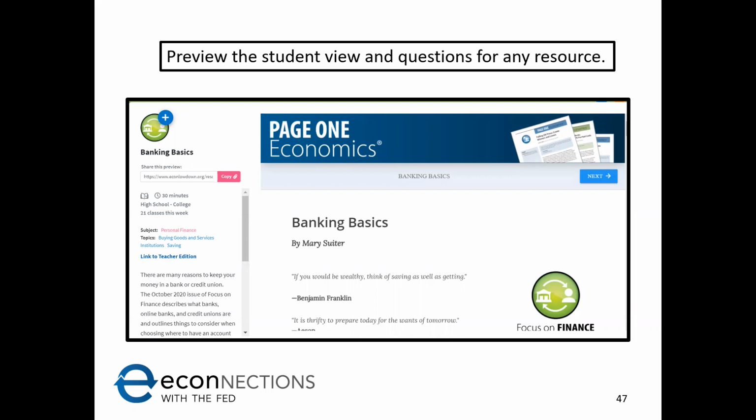There's the number of classes that have used the resource. So 21 classes had used this resource that week at the time I took the screenshot, and then it lists the time required for that. So the students would, in this instance, read through that. They're never more than 2 pages, 2.5 pages, something like that. They read through it, and then they would take a quiz on the material.